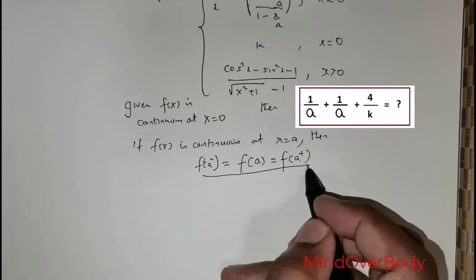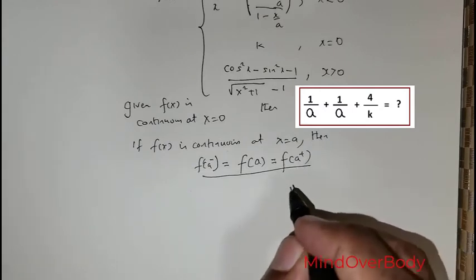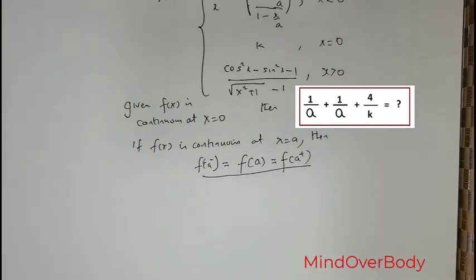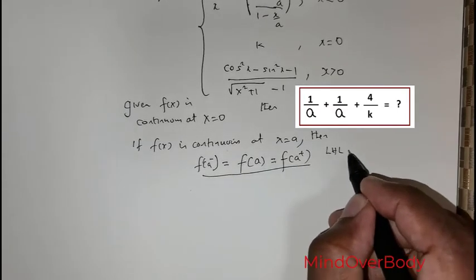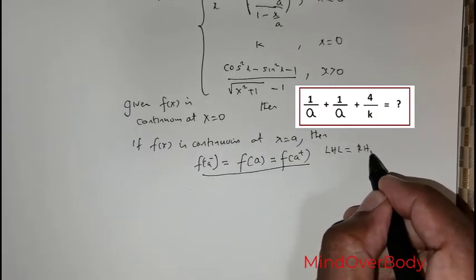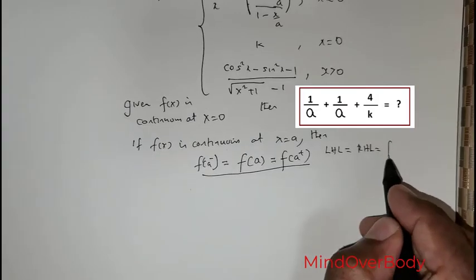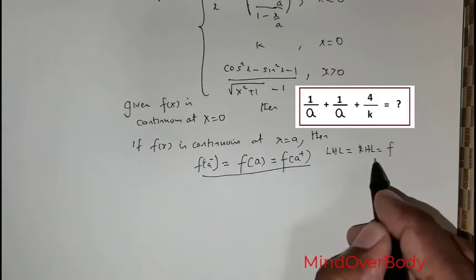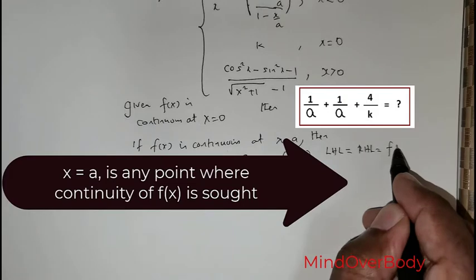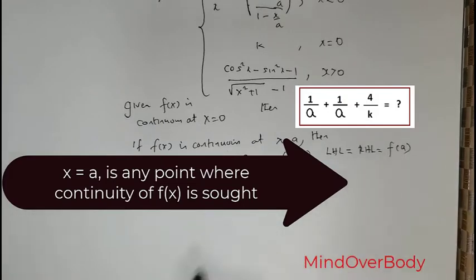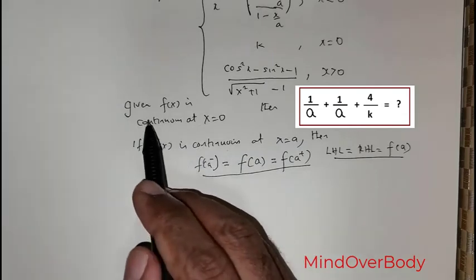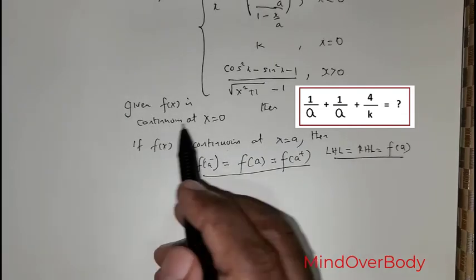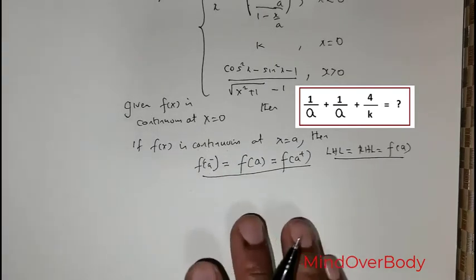This is the required condition to be satisfied. In other words, the left hand limit is equal to the right hand limit, which in turn is equal to the functional value.